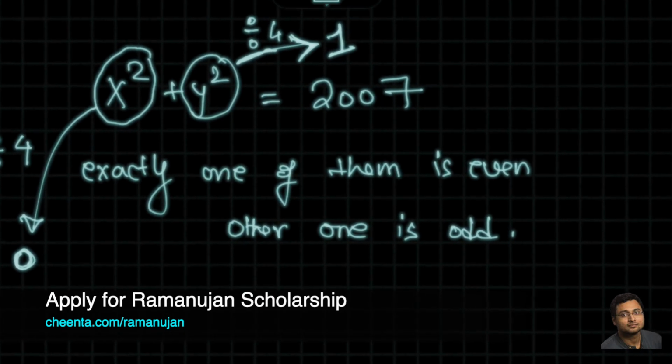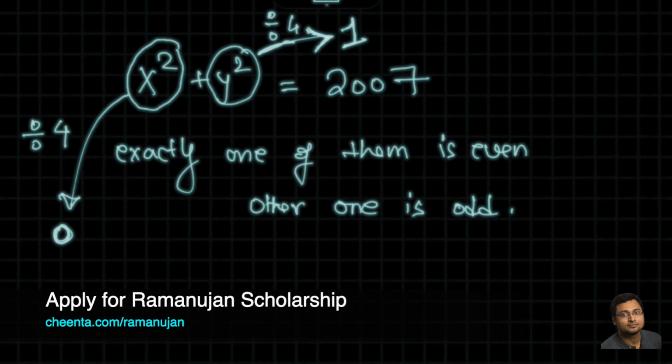So now we see that x square plus y square would give you remainder 0 plus 1, that is 1. The left hand side, whatever the value of x and y is, would give you remainder 1. So 0 plus 1, this 0 and this 1 added up.